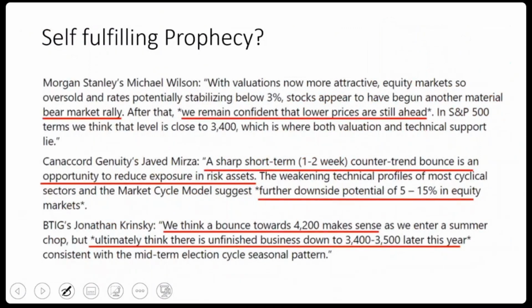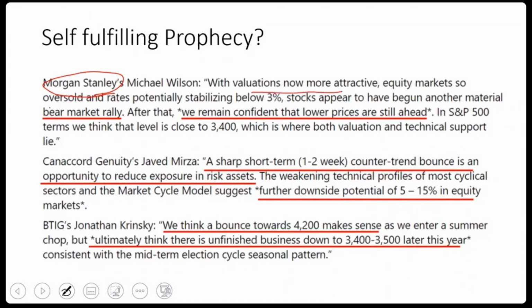It's not something that is showing up only on the chart, but it's also something with which fundamentally people like Morgan Stanley, for example, have also been alluding to. Quite interestingly, Morgan Stanley has come out to say that valuations are attractive.